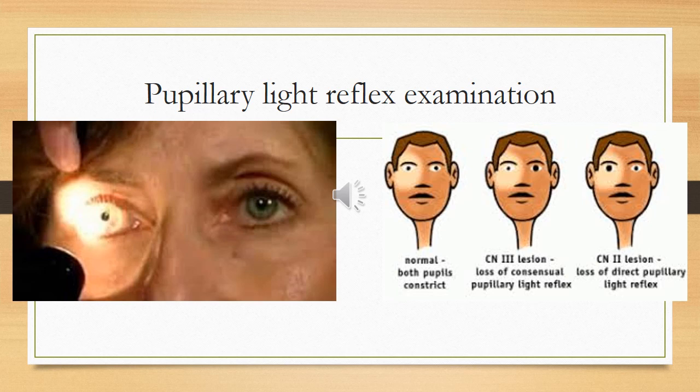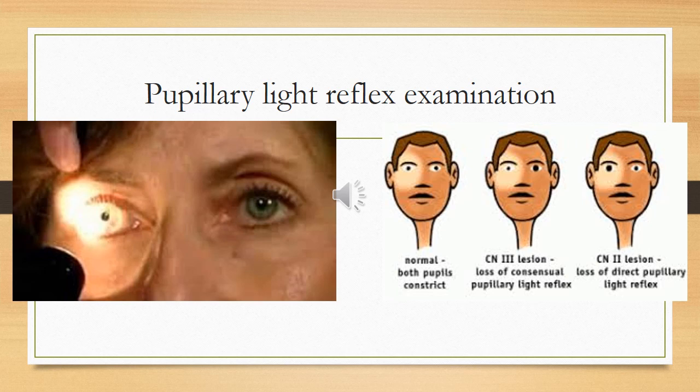Ask the patient to look away at a fixed point to eliminate the bias of accommodation. After that, slowly bring your light from lateral to medial, for example, in this picture to the right eye of the patient. This should lead to constriction of both the right and the left pupil.